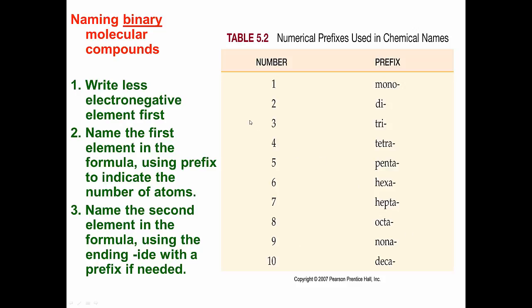What you do is the less electronegative element is written first. The first element in the formula, you would name it and then use a prefix to indicate the number of atoms. If there's only one atom for that first element, don't use mono. Name the second element in the formula, use the ending "ide", and use a prefix if needed.